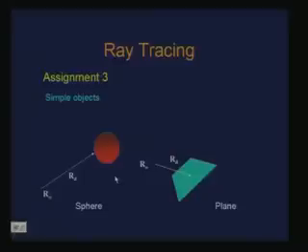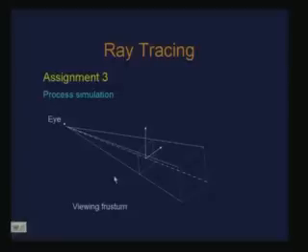So we have seen illumination, we have seen intersection. Now, what do I mean by doing this process simulation? If you look at the way the viewing frustum gets formed, it is with respect to the eye or the center of projection of the camera which you place, and there you have the image or viewing plane.